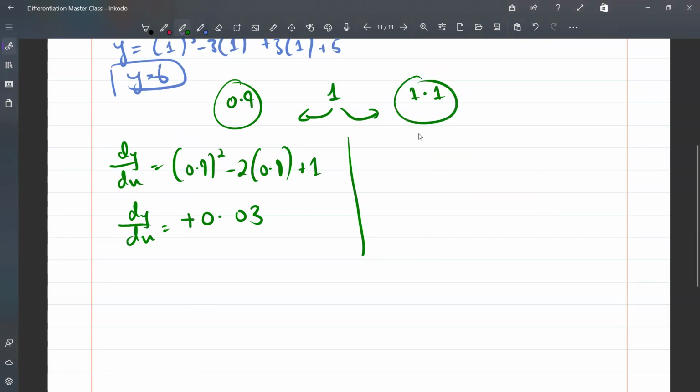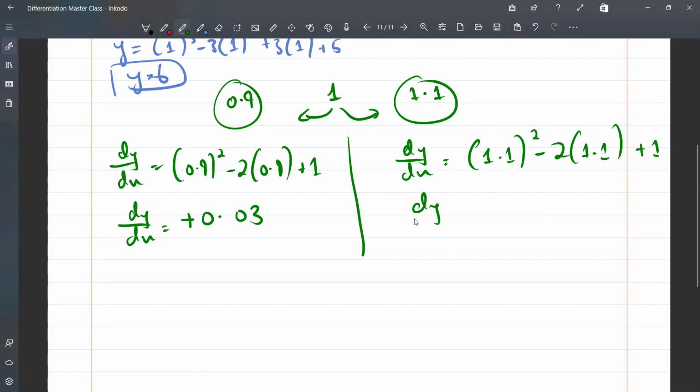Now if we put 1.1 in dy over dx, we get 1.1 square minus 2 times 1.1 plus 1, so dy over dx is again positive.